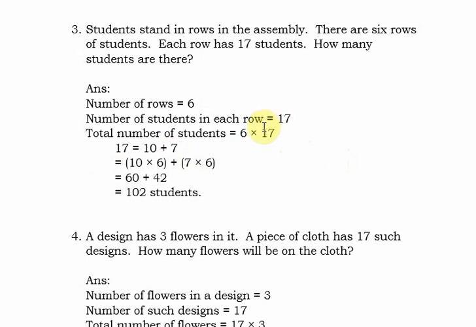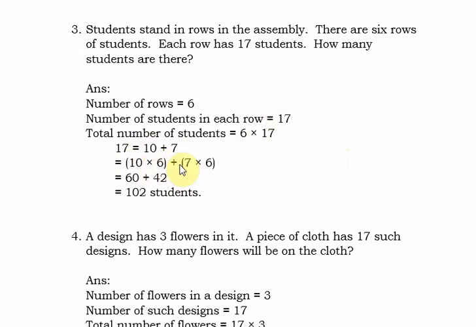We have to first expand the 2-digit number. So 17 can be written as 10 plus 7. Next step, we have to multiply this 10 with 6, then add the multiplication of 7 with 6.